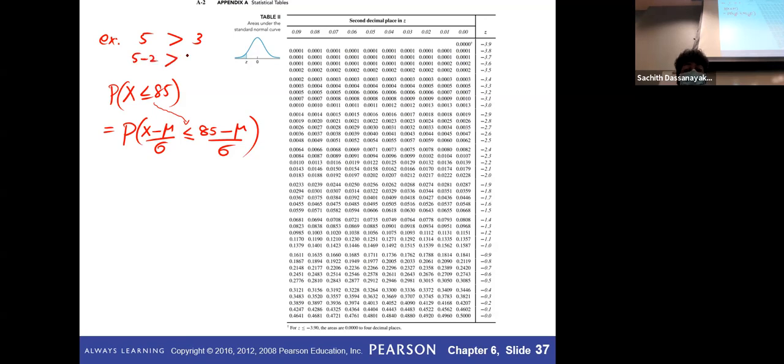So I have to do the same thing to this side as well. Otherwise, the inequality is going to be a problem. So keep that inequality as it is. You have to do the same thing to both sides. So same here.